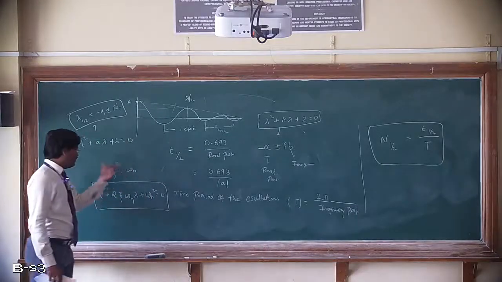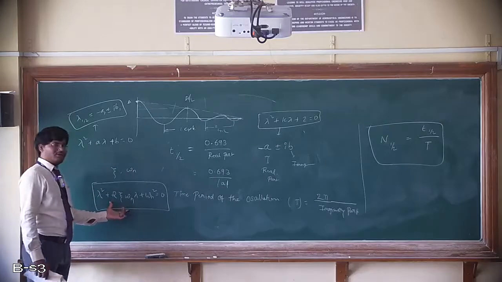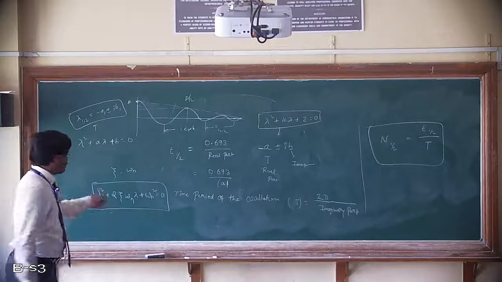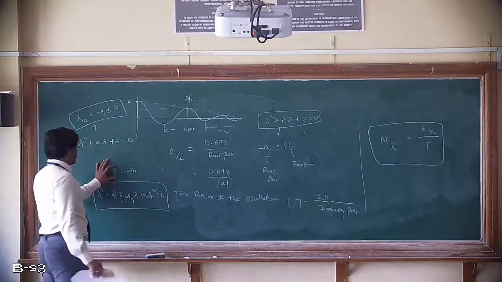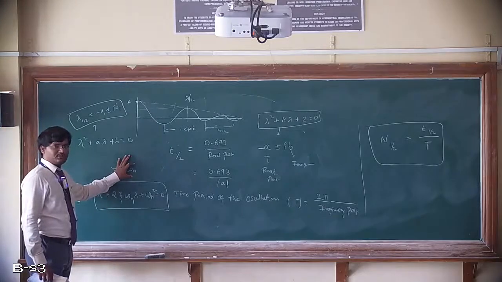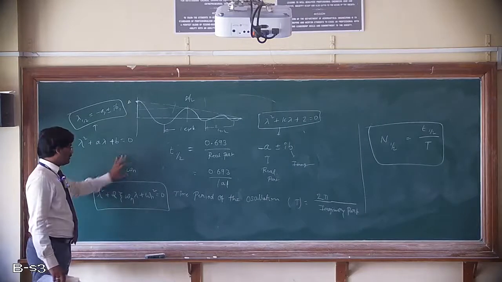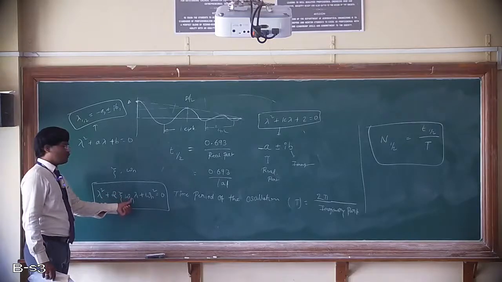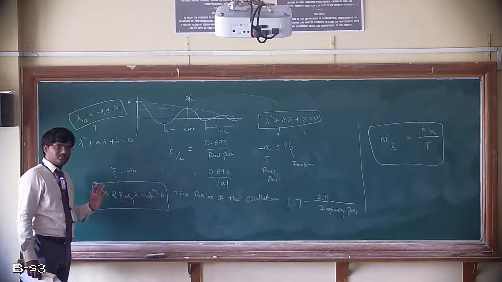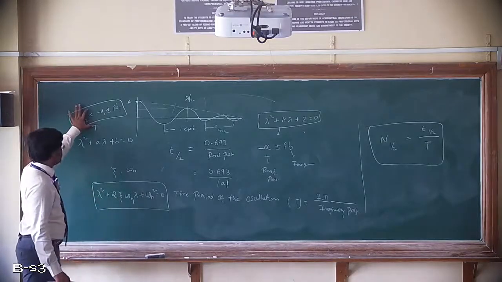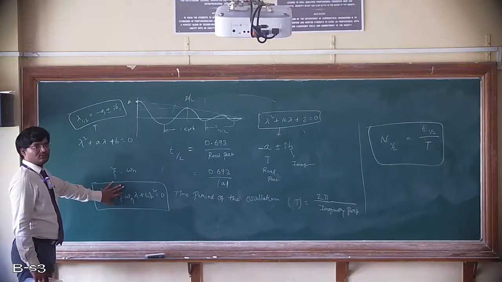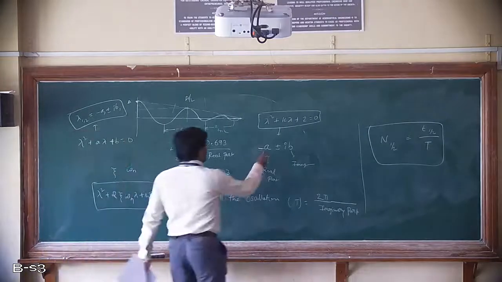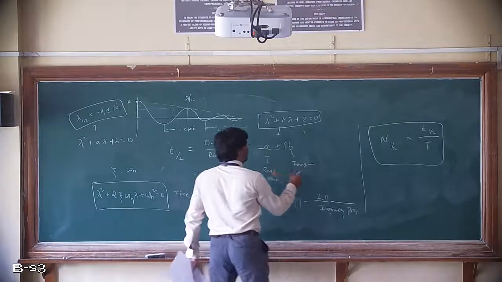If your system has damping ratio and natural frequency, the characteristic equation is in this form, no doubt. When you are discussing vibrations, you will get this. But remember, if you have damping ratio and natural frequency for any system, you can represent the characteristic equation like this: lambda square plus 2 zeta omega n lambda plus omega n square is equal to 0.